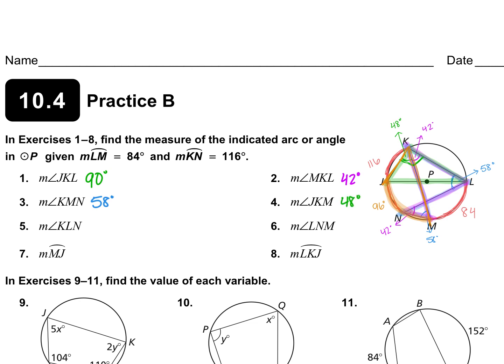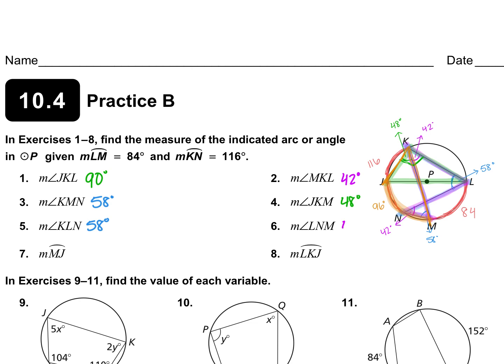Okay, number 5, the measure of angle KLN. Good, it's 58. The measure of angle LNM. L and M, yes, it's 42.